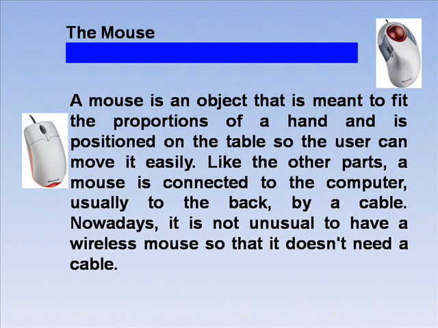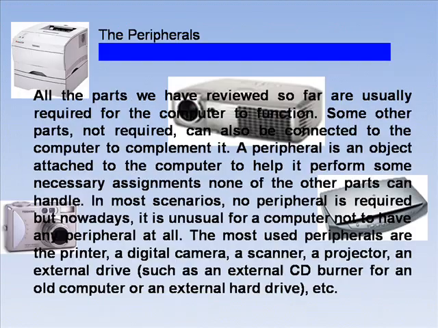A mouse is an object that is meant to fit the proportions of a hand and is positioned on the table so the user can move it easily. Like the other parts, a mouse is connected to the computer, usually to the back, by a cable. Nowadays, it is not unusual to have a wireless mouse so that it doesn't need a cable.